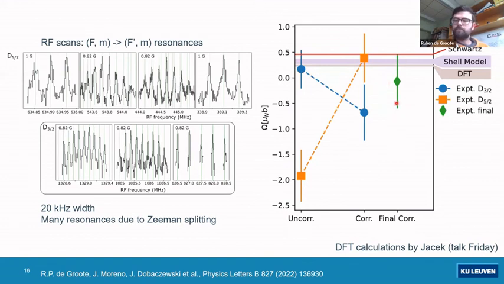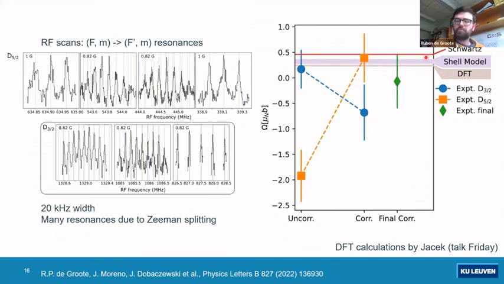Doing the weighted average of those, you get the green data point here, which we could then compare to theoretical values. The Schwartz limit, which I mentioned earlier, is this red line, then a shell model calculation, and then the DFT calculations done by Jacek underneath that. What I think is interesting to note is that these more advanced calculations tend to reduce the values of the octupole moments.